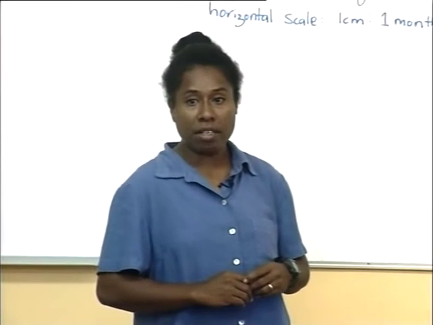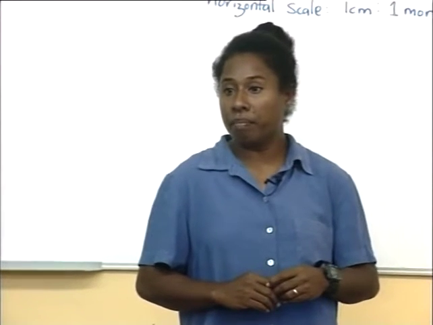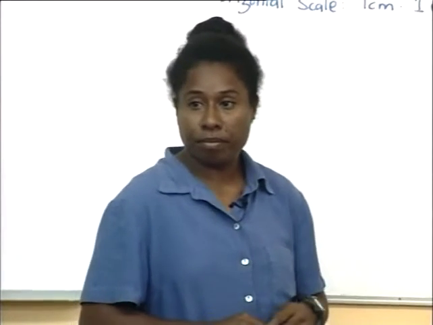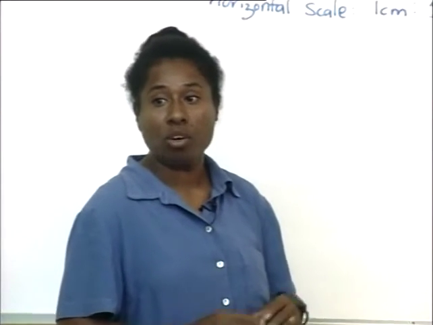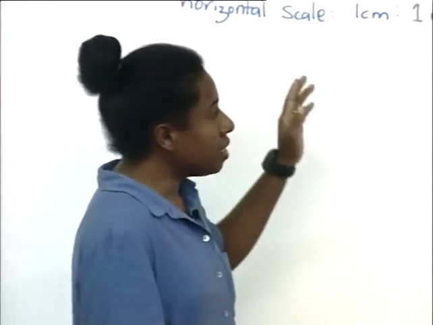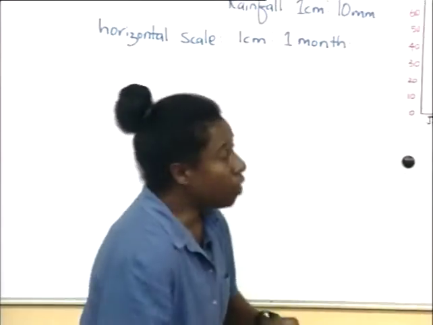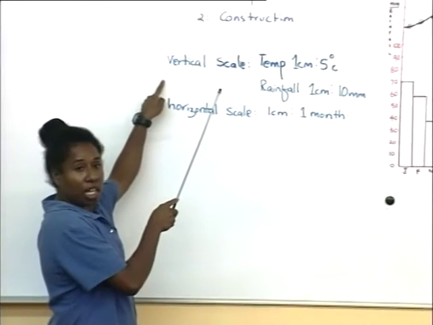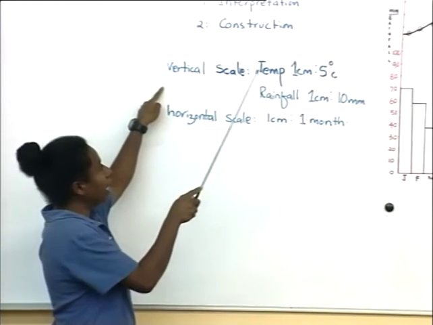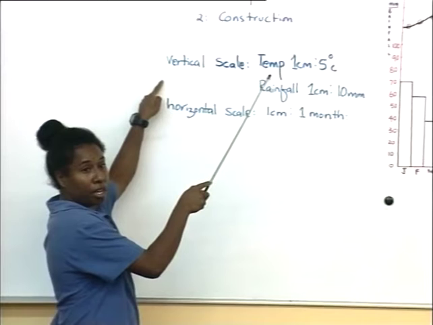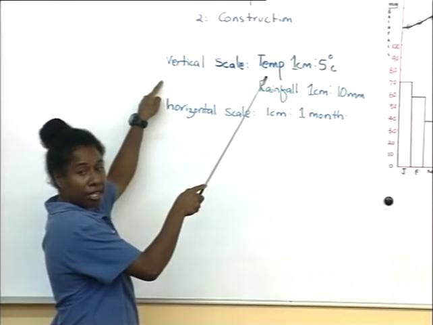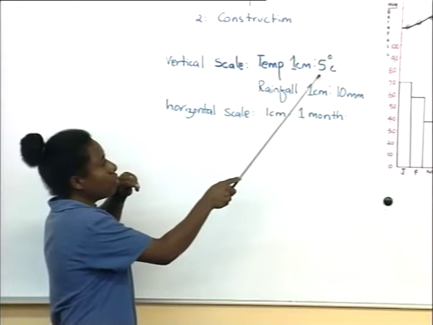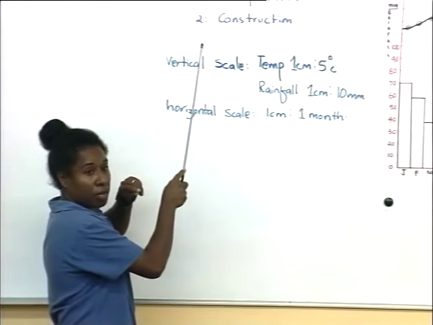Finally, very important is deciding on the vertical scale and also the horizontal scale. For our activity yesterday, because of the figures that we had, we decided that for our vertical scale, there were two lots of information that we were going to put. The first one was for temperature. From what we decided from the statistics given, we said 1 centimeter was equivalent to 5 degrees Celsius for the temperature.